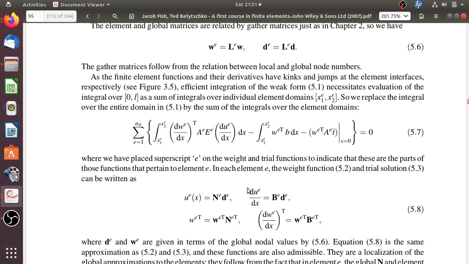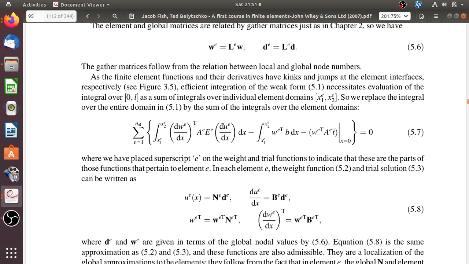And now since we have to use this du/dx, when I substitute this in the place of u, then I will get dNe/dx into de, right, because de is just a constant, and this dNe/dx is what we represent as Be, a B matrix. Actually here it is just a vector, but generally it's called a B matrix.